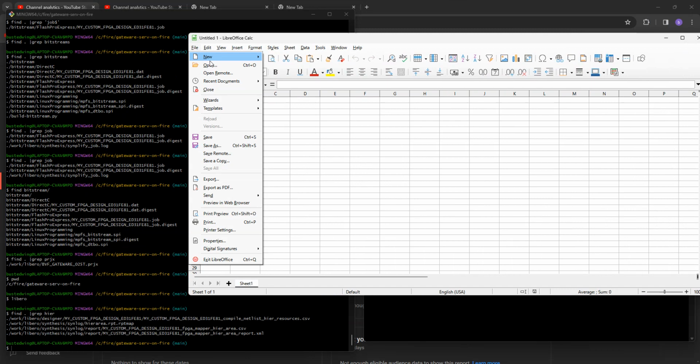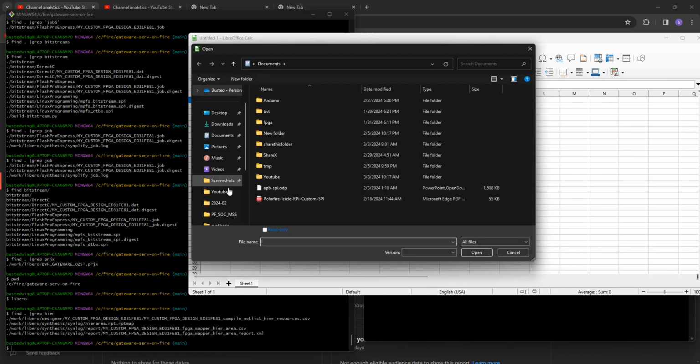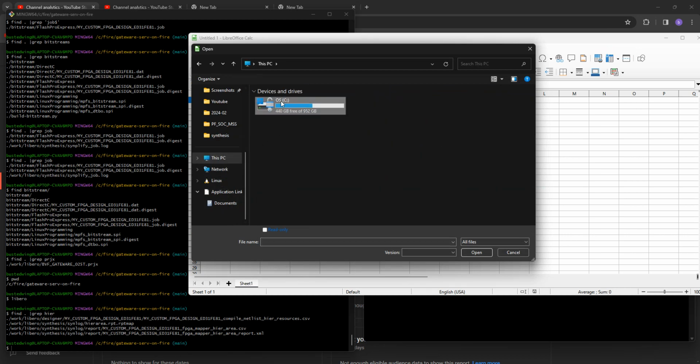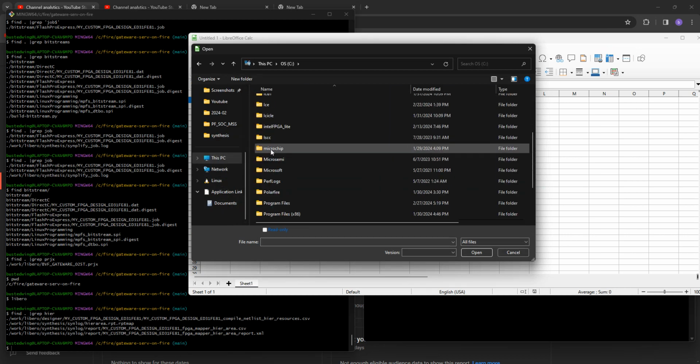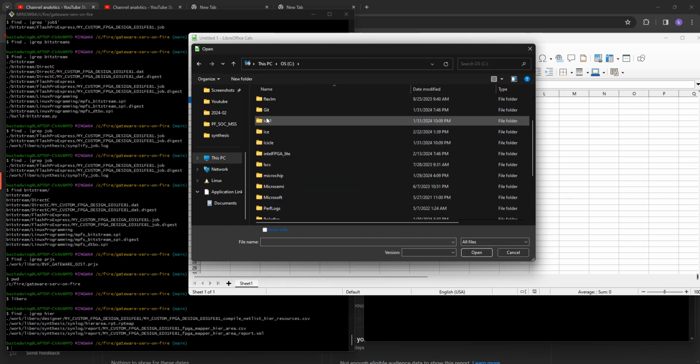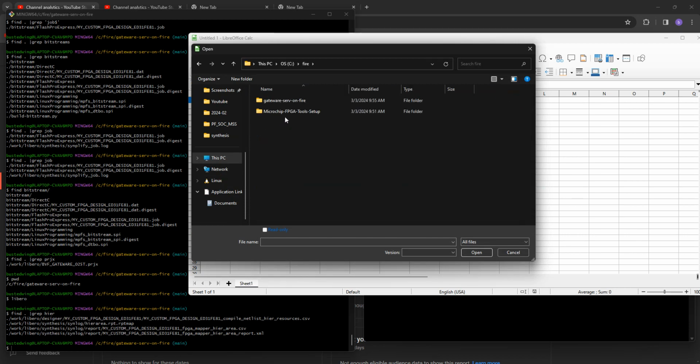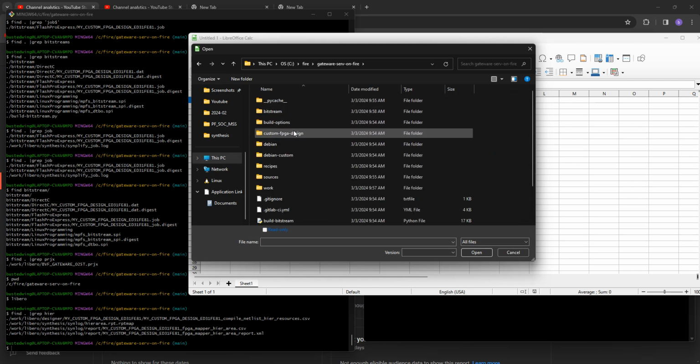We want to open this PC, PolarFire. Here's fire. We put it at a gateware serve. That's what we're looking for.